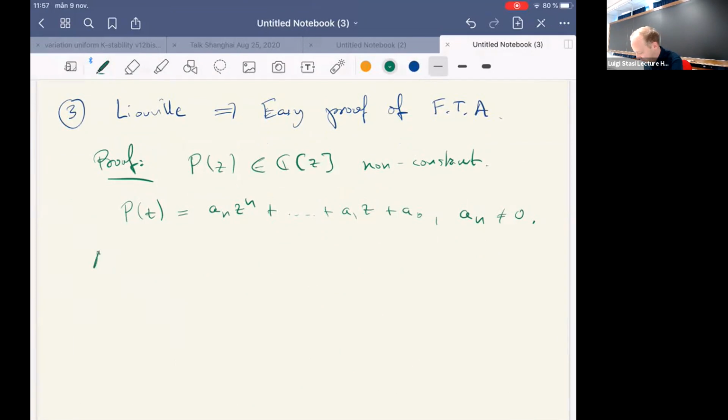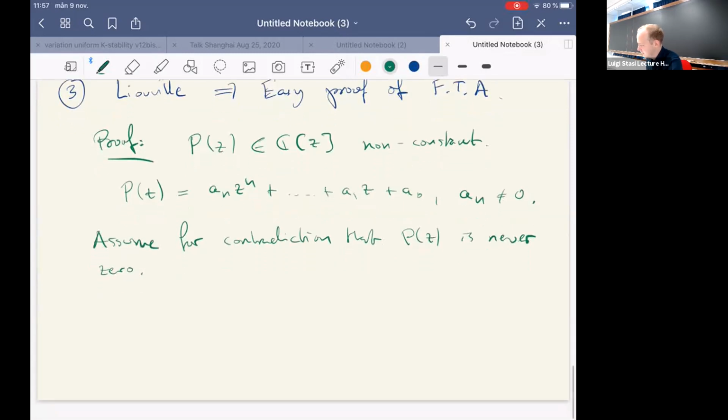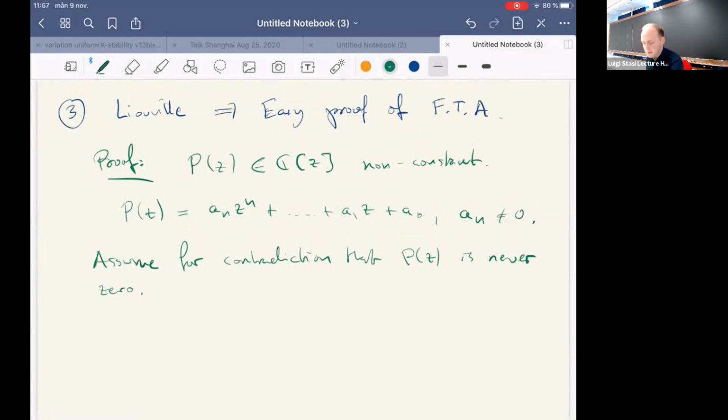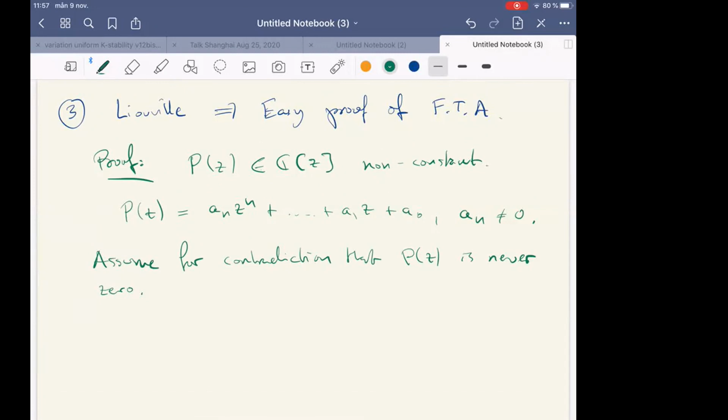Okay, so now assume for contradiction that P of z is never 0. So this polynomial never vanishes. What does this mean? Probably some of you have seen this proof already. Do you remember the trick? 1 over P. Very good.